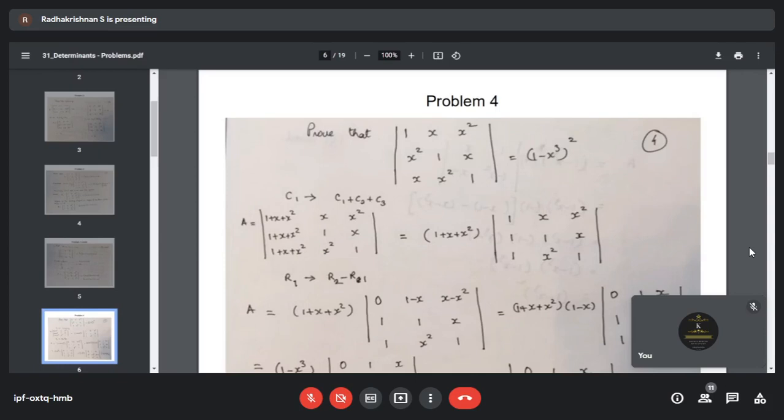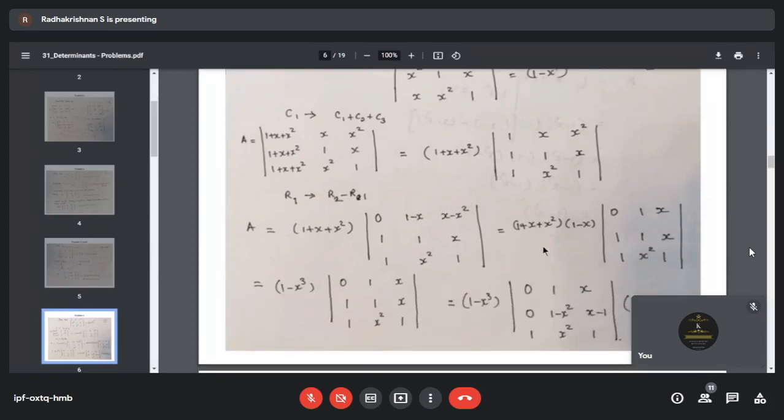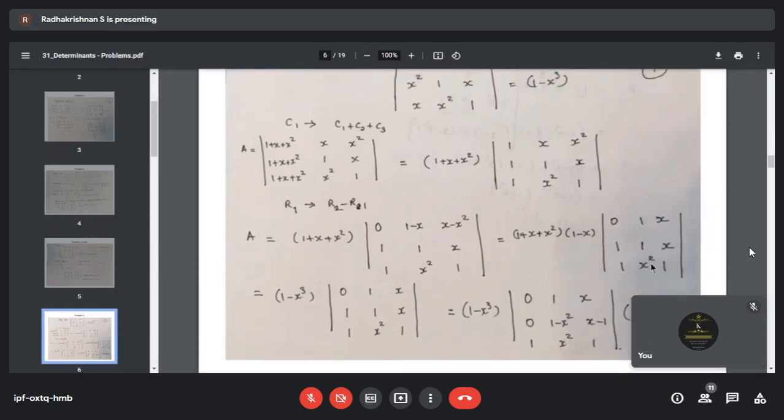So we can do it this way also. Now in the first row we can take out 1 minus x. Then it becomes like this. Okay. So next what I do, R2 equal to R2 minus R3.